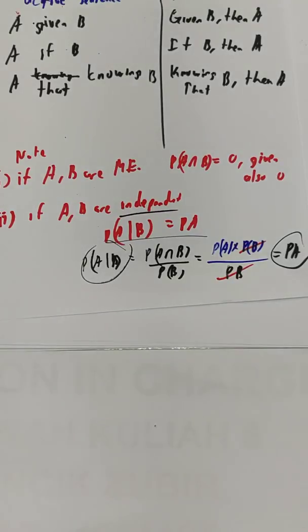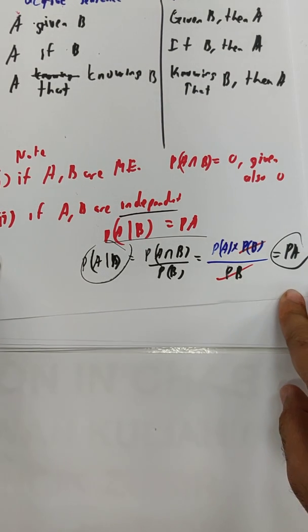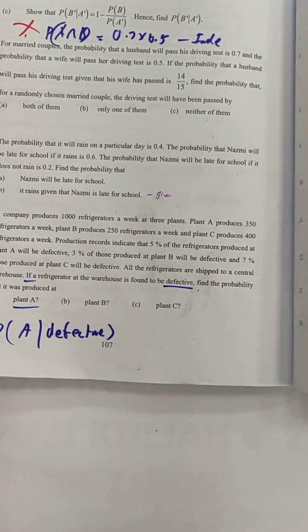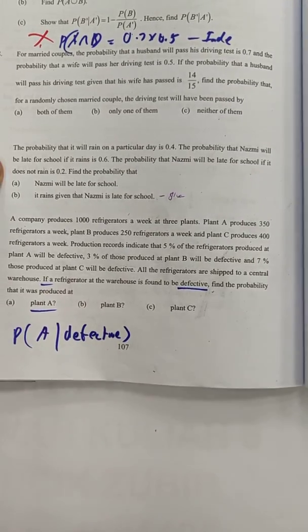So let's go back a bit to the husband and wife just now, because that's a normal exam question. Okay, can we continue? Husband and wife driving test just now.